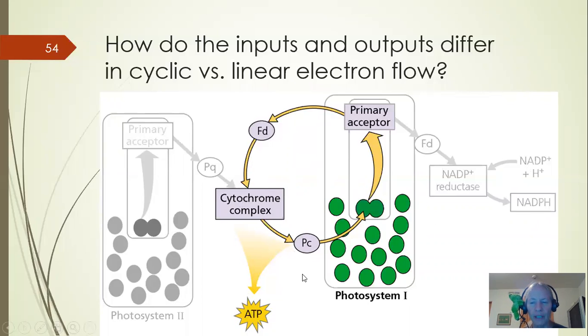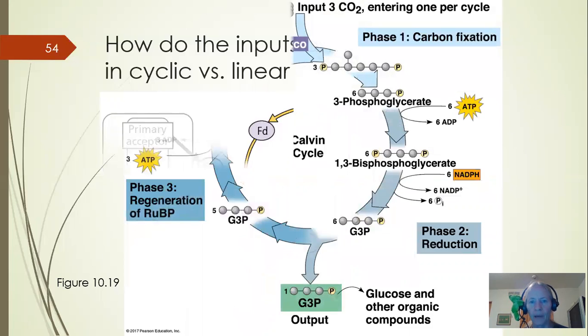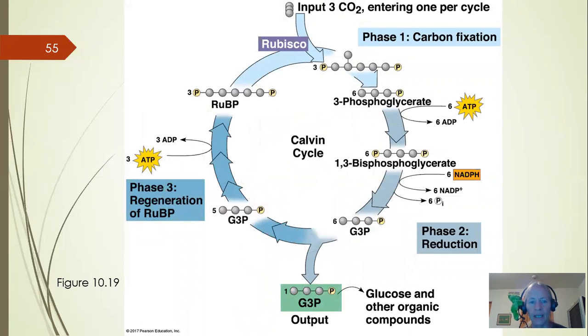So why would plants want to do this if they're only getting ATP out of it and they're not getting NADPH? Because we learned that both ATP and NADPH are needed in the Calvin cycle. But you'll notice that the ATP and NADPH needs are not balanced in the Calvin cycle. There's actually more ATP needed over here.